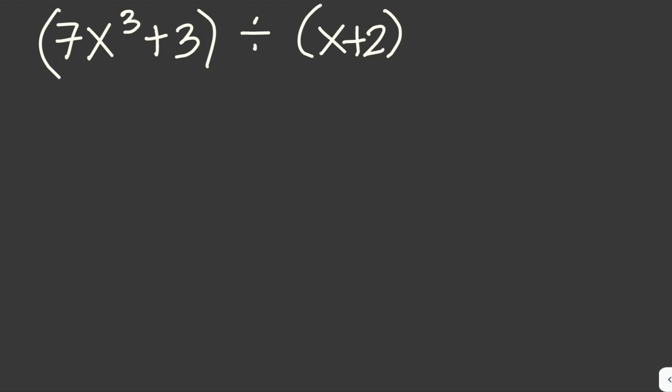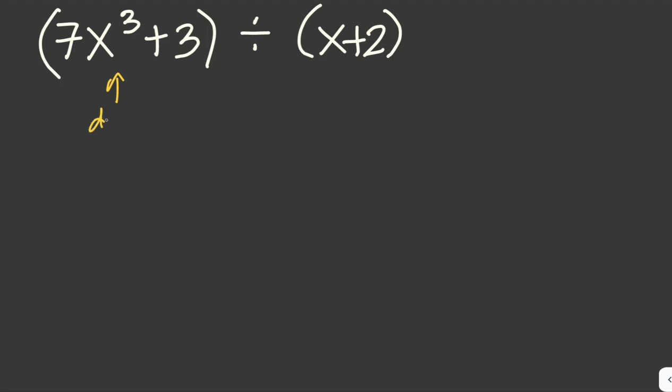Alright, let's solve this problem here. We're given 7x cubed plus 3 to divide by x plus 2. Let's rewrite this in radical form, and inside the radical, we will write our dividend.